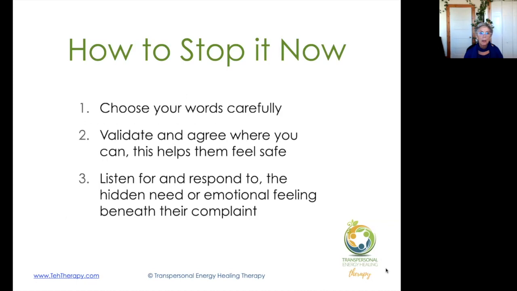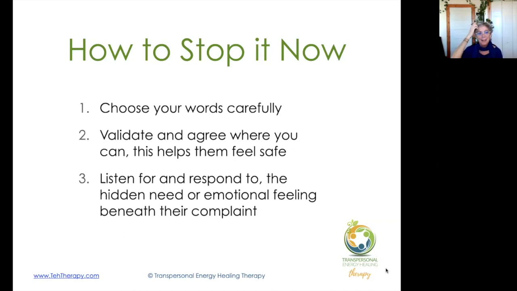So how to stop it now? Choose your words carefully, because they choose their words carefully. When they submit their intake form to you, you can be sure they've gone over it 5 times. Everything is perfectly expressed. There's no spelling errors. It's nice and neat and tidy and easy to read. They're going to be on time, probably a few minutes early, but not too early because that wouldn't be appropriate.